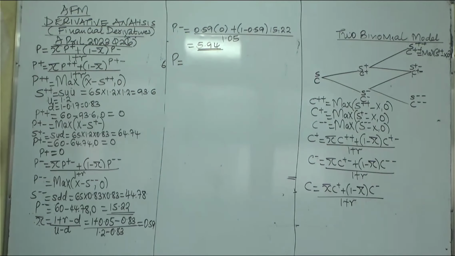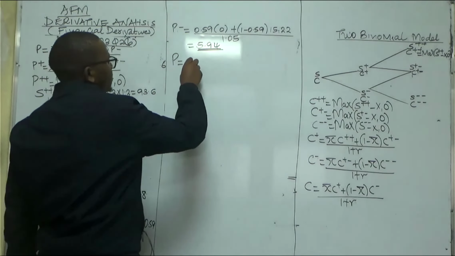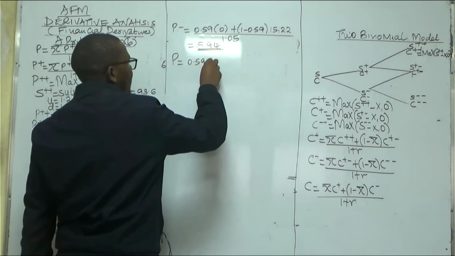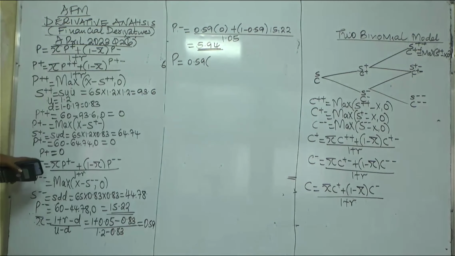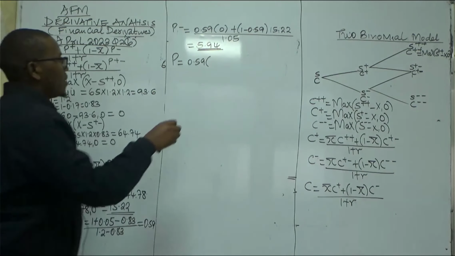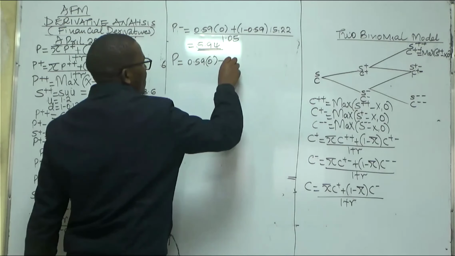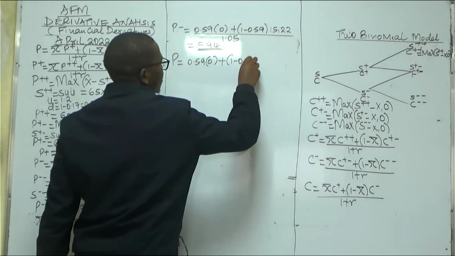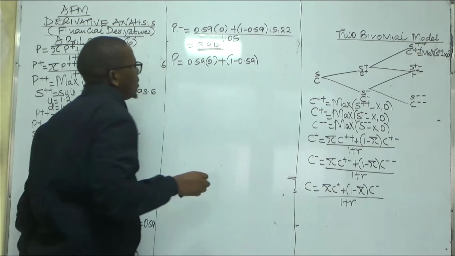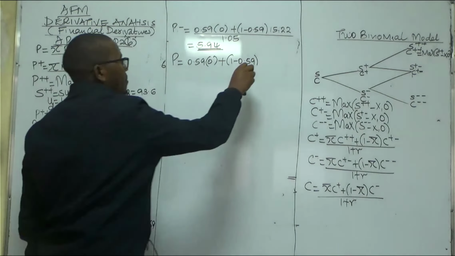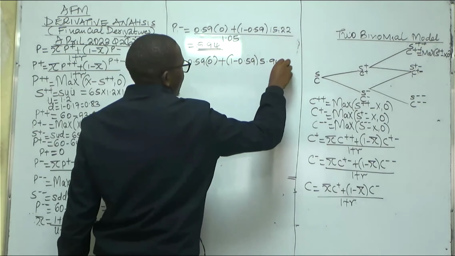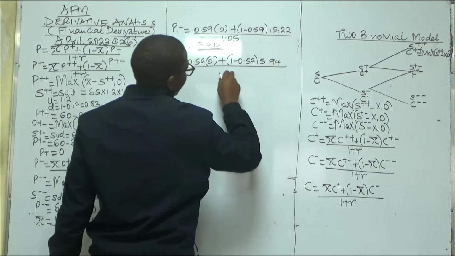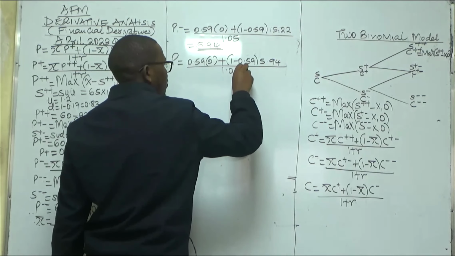And with that, now we can get the value of our put today. It will be the risk neutral probability 0.59 times P plus, which I've said is 0, plus 1 minus 0.59 times P minus, 5.94, then you divide by 1.05.